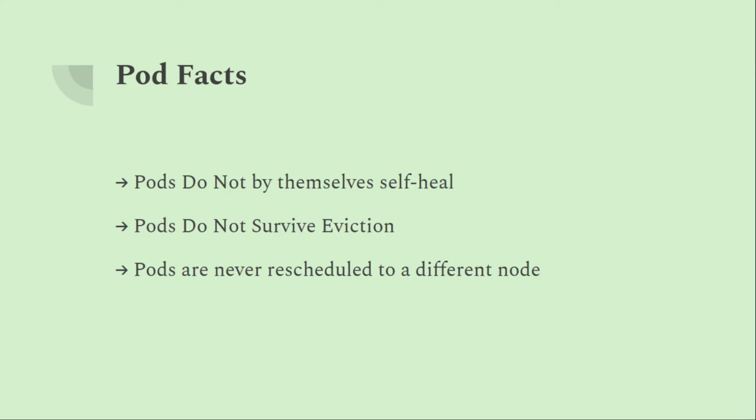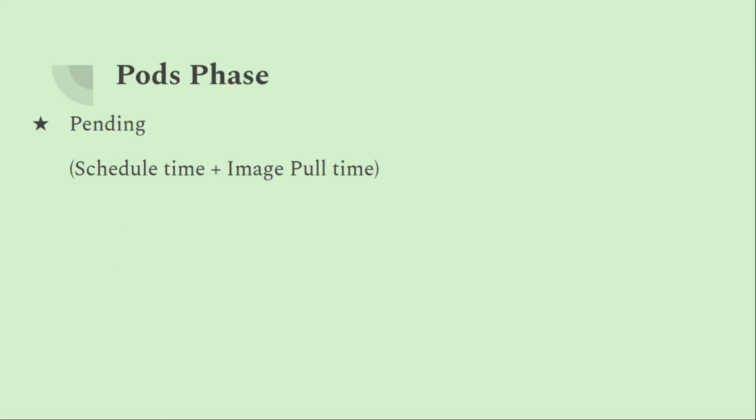You get a pod running on a different node, but that doesn't mean the same pod was rescheduled. It just means a new pod is created from that pod template specification, and the UIDs of the two pods are different.